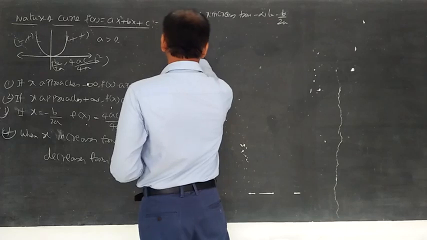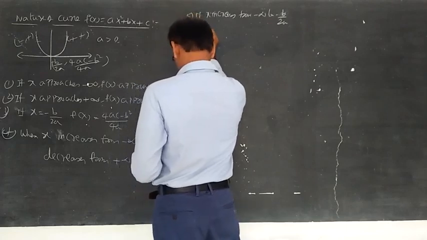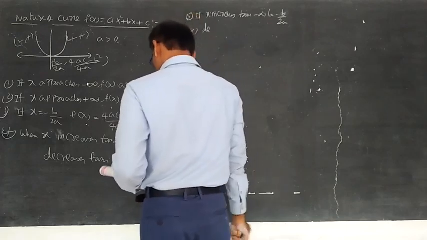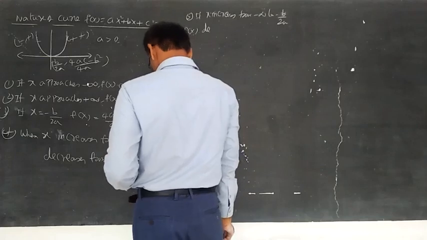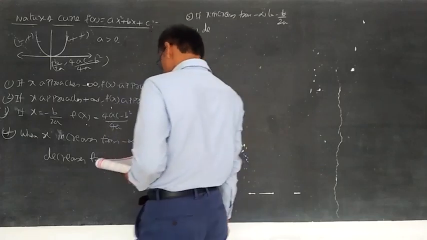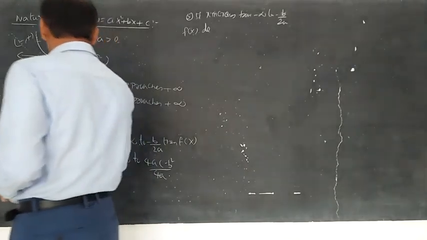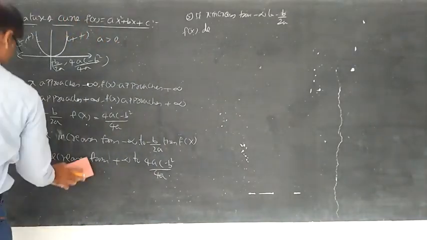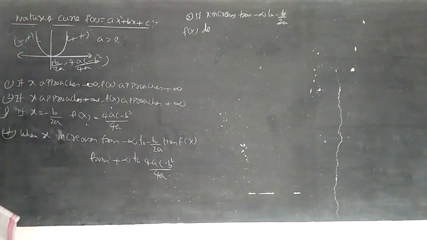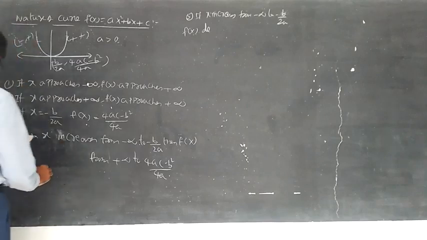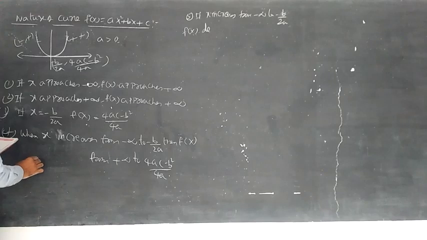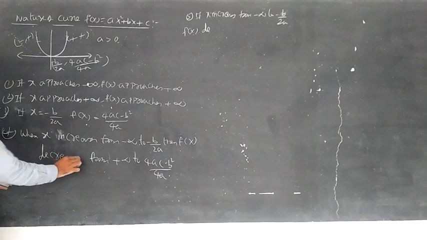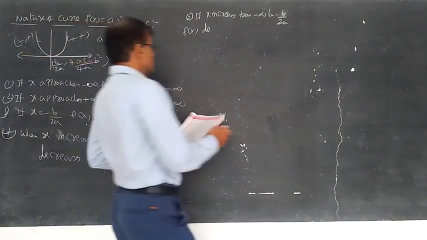Then f of x decreases. 4ac minus, so this is minus 2 plus this. Then f of x decreases, okay. It is increase only, correct. Now it is increase.